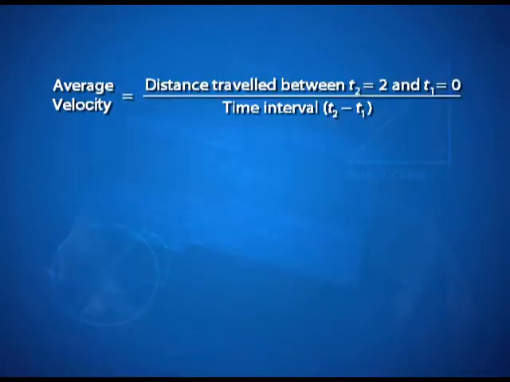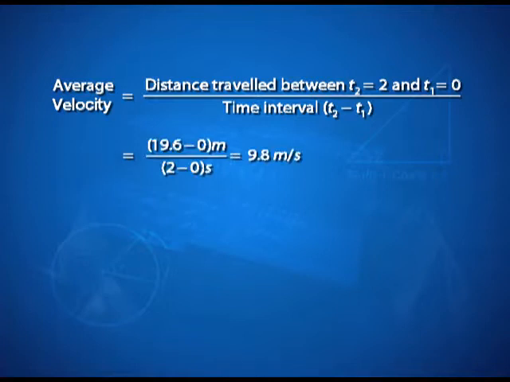Hence, the average velocity in the first 2 seconds is given by distance travelled between t2 = 2 and t1, that is 0 seconds, upon time interval t2 minus t1, that is 19.6 minus 0 meters upon 2 minus 0 seconds, that is 9.8 meters per second.